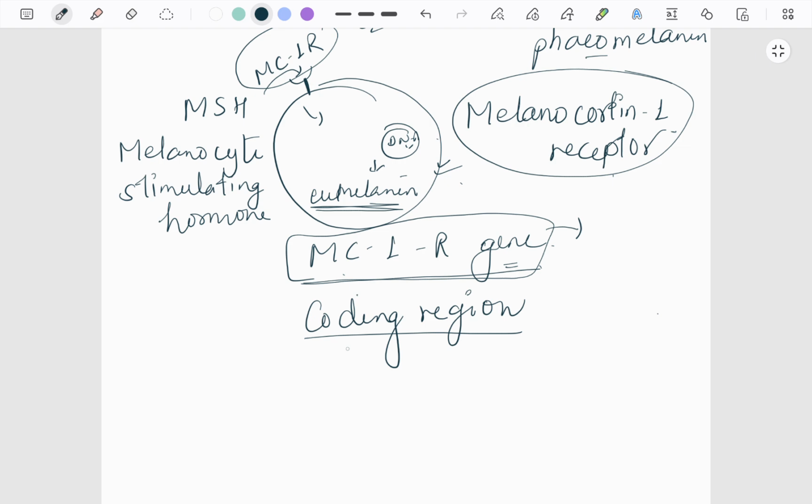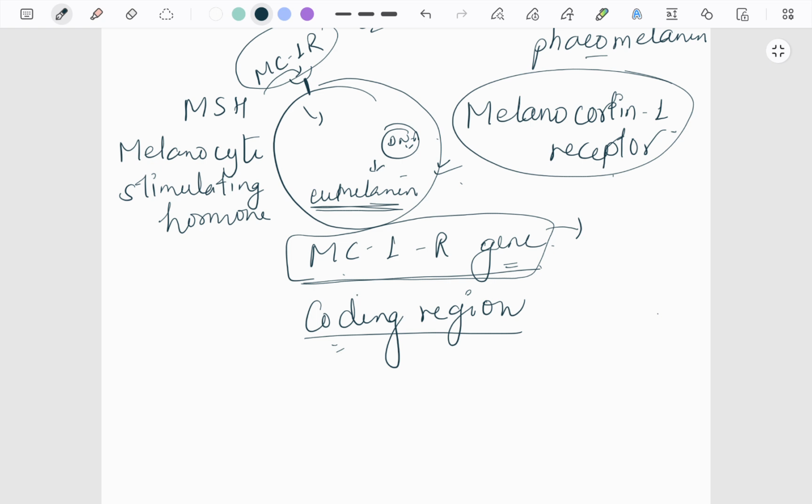At just one place there is a change of a single nucleotide, so that instead of arginine there will be cysteine, and this single change led to a single amino acid change in the MC1R protein at, I think, position 67. Okay, so you don't need those positions.